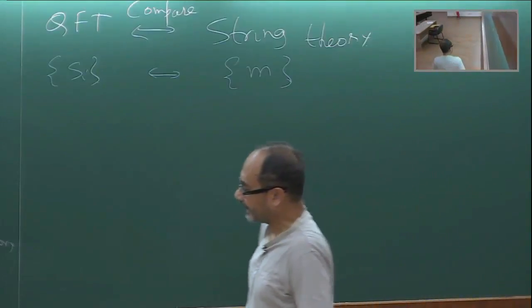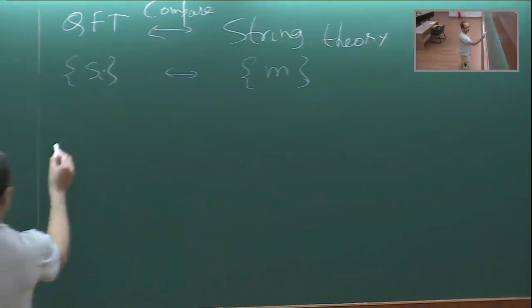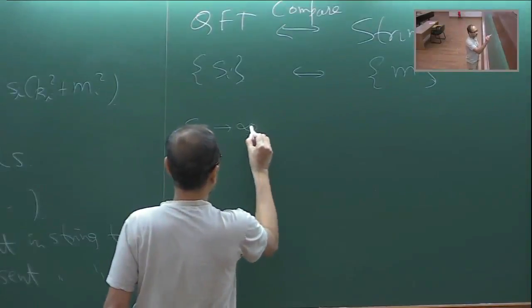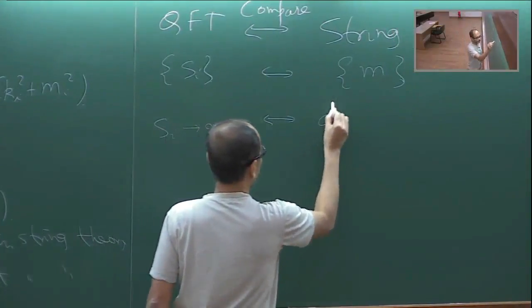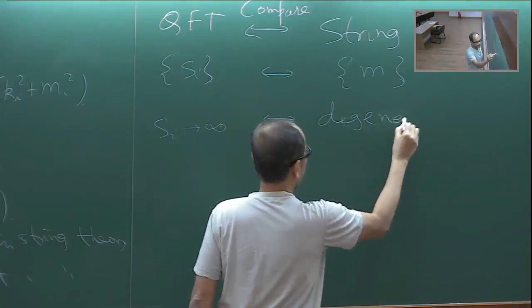And the s_i going to infinity limit corresponds, on this side, to a degenerate Riemann surface.